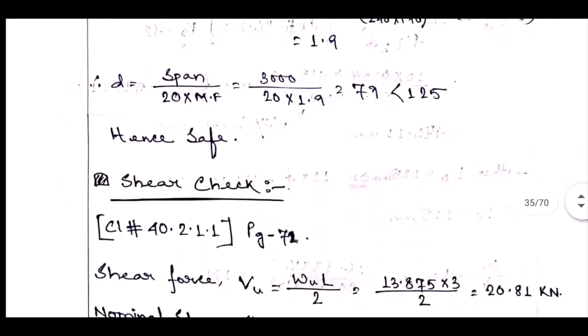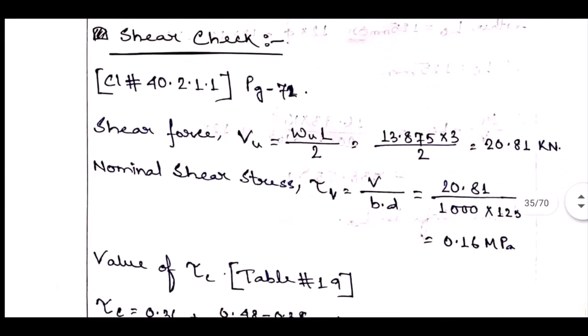Now check for shear. To check shear, first of all we have to find the value of shear force, that is Vu, equal to wL by 2. This is written in clause number 40.2.1.1 of IS 456 2000 on page 72, but we already know that to find the shear force we have to use the formula wL by 2.